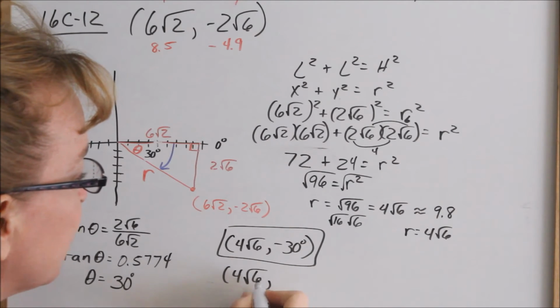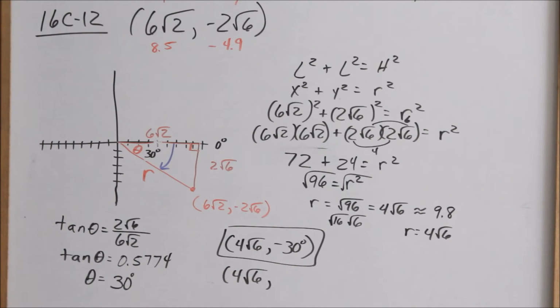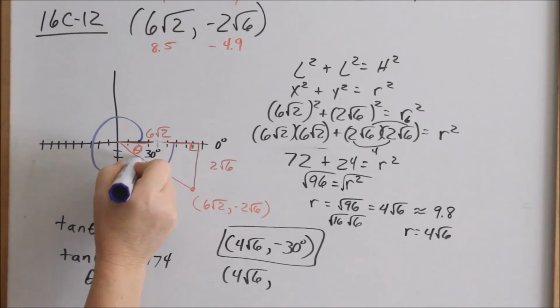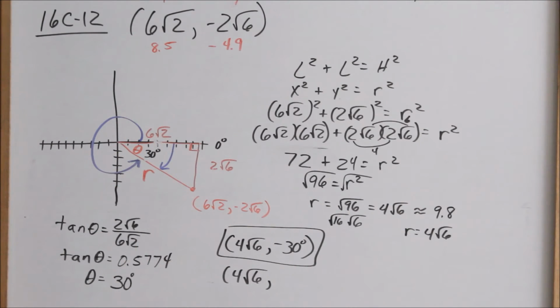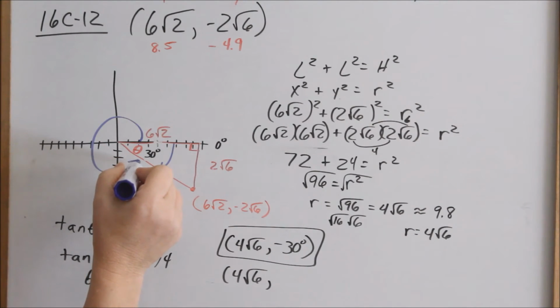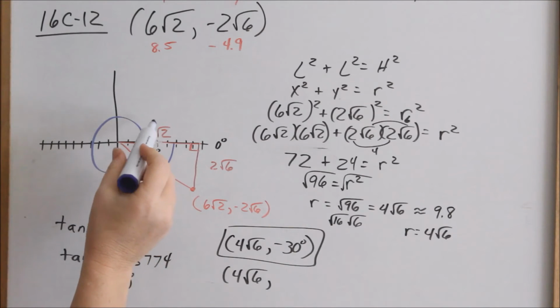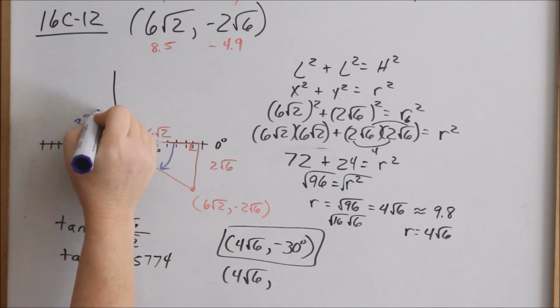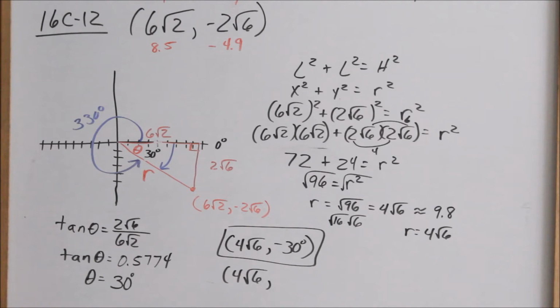Or you can write 4 square root of 6, but if you want to use the counterclockwise angle, you're coming from 0 and you're going all the way around that way. Okay, so if you start at 0 going in the counterclockwise direction, if this is 30, all of this would be 330 degrees.